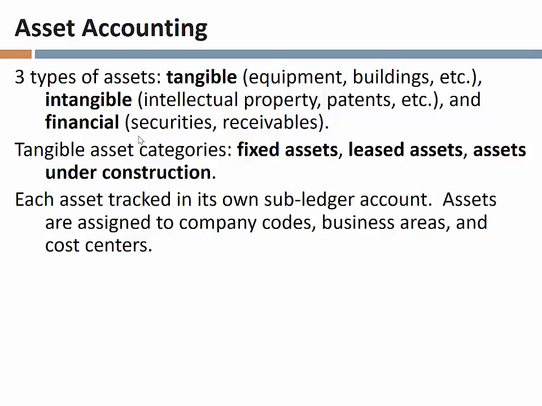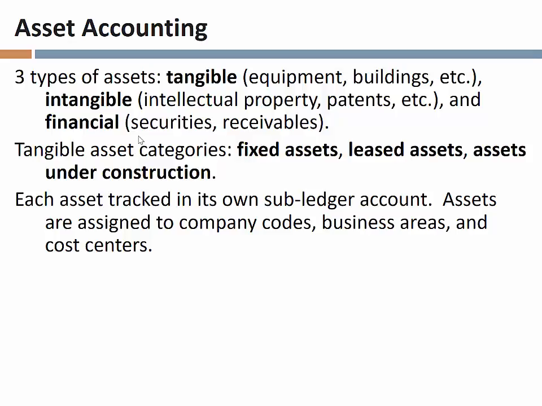Now, every asset is tracked in its own subledger account. Why do we need that? Well, as we're going to establish here in a moment, because of the ongoing transaction stream that will result from activities associated with that asset.